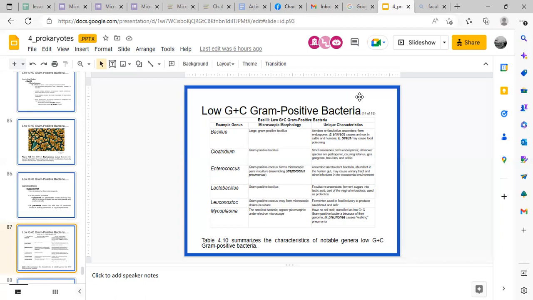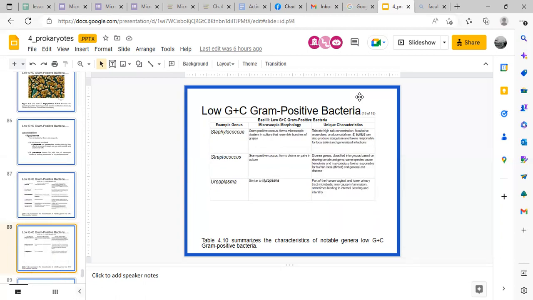Mycoplasma has no cell wall. They're gram-positive bacteria because of their genome. One disease this can cause is walking pneumonia, a mild form of pneumonia.